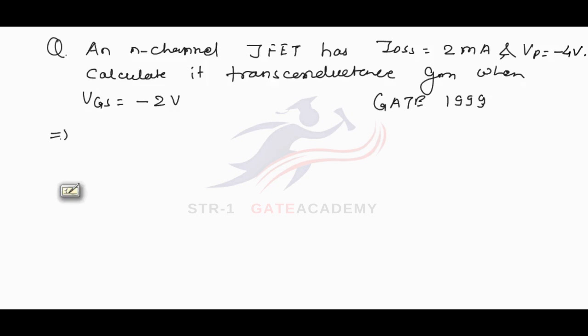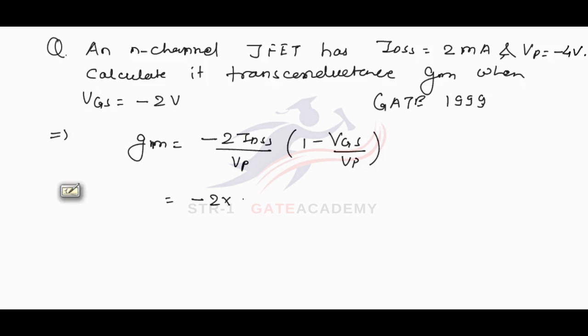We know that transconductance of JFET GM is equal to minus 2 IDSS upon VP into (1 minus VGS upon VP). Putting all the values, we get the transconductance of JFET as minus 2 into 2 milliamperes divided by minus 4 volt into (1 minus (minus 2) by (minus 4)).